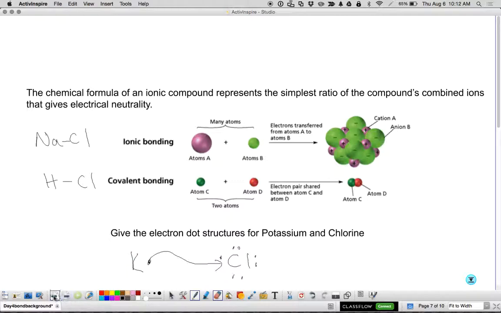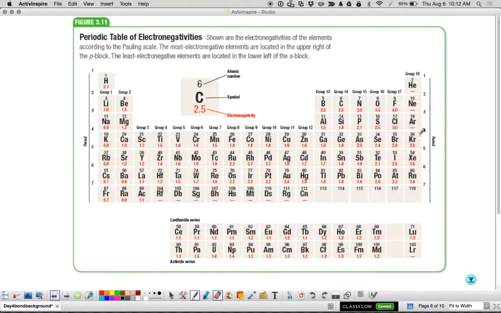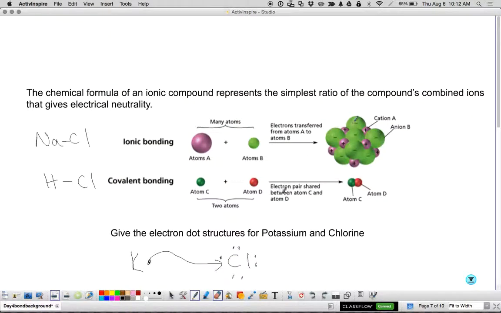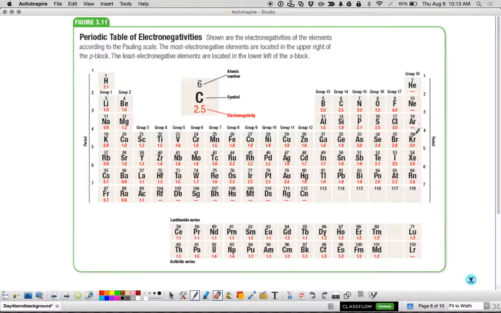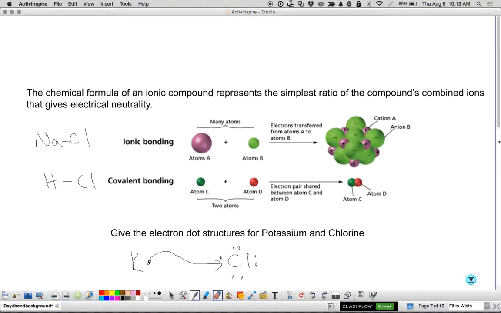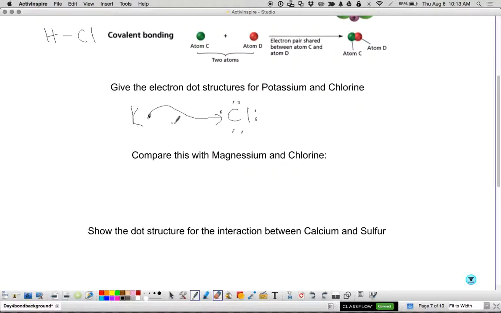It would be isoelectronic with argon, and chlorine would want to gain one electron to be isoelectronic with argon. So you give up this electron and you form K plus and Cl minus with all the electrons around it. And this is your ionic compound.